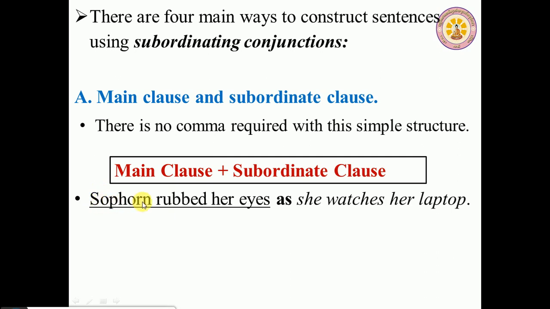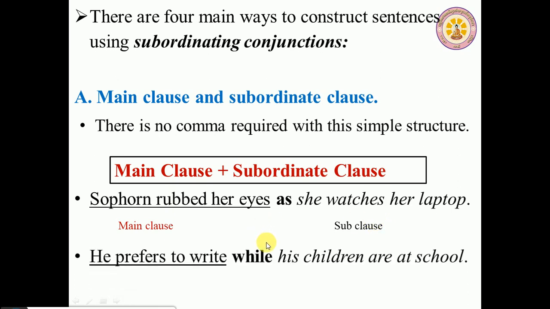Example: Sophan rubs her eyes as she watches her laptop. Sophan rubs her eyes is the main clause. As she watches her laptop is the subclause. So main clause plus subclause. No need to use a comma to separate the clauses.